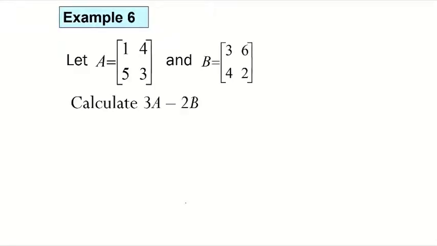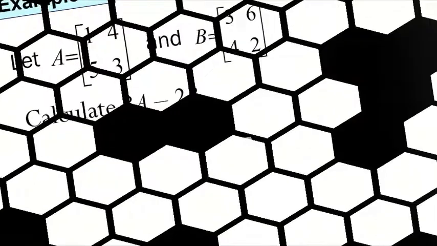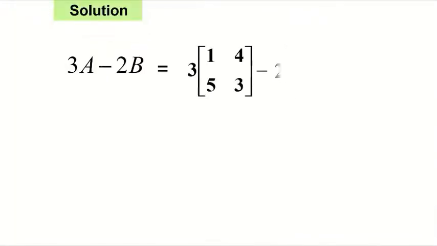Next we have example 6. Let A be the given matrix, and B is 3 6 4 2. You have to calculate 3A minus 2B. Before we can perform the subtraction, we need to multiply with the scalar first, because multiplication has higher priority than subtraction.